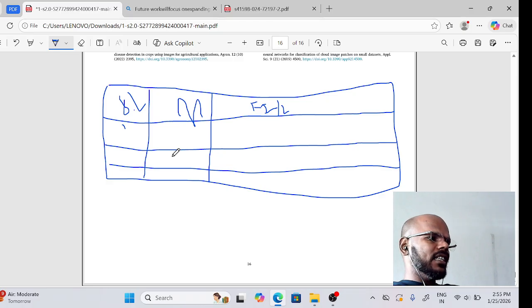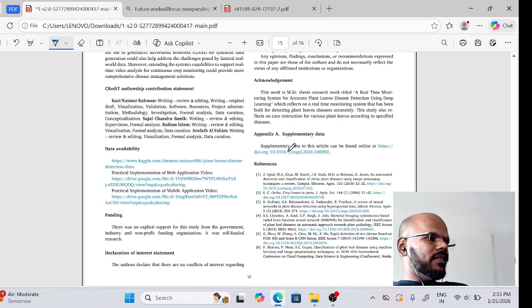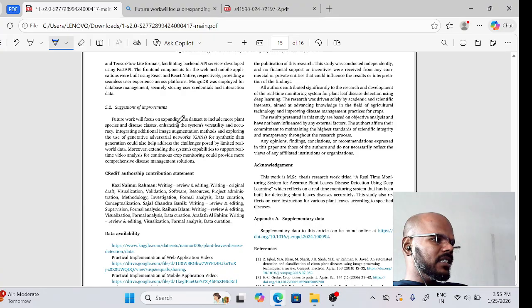Like that you write in an elaborated but precise manner in the methodology section. Later you write the future implementation or limitation. In future implementation you note whatever you understand from your knowledge. For example, in this paper you read this one, they wrote something like that as future implementation.